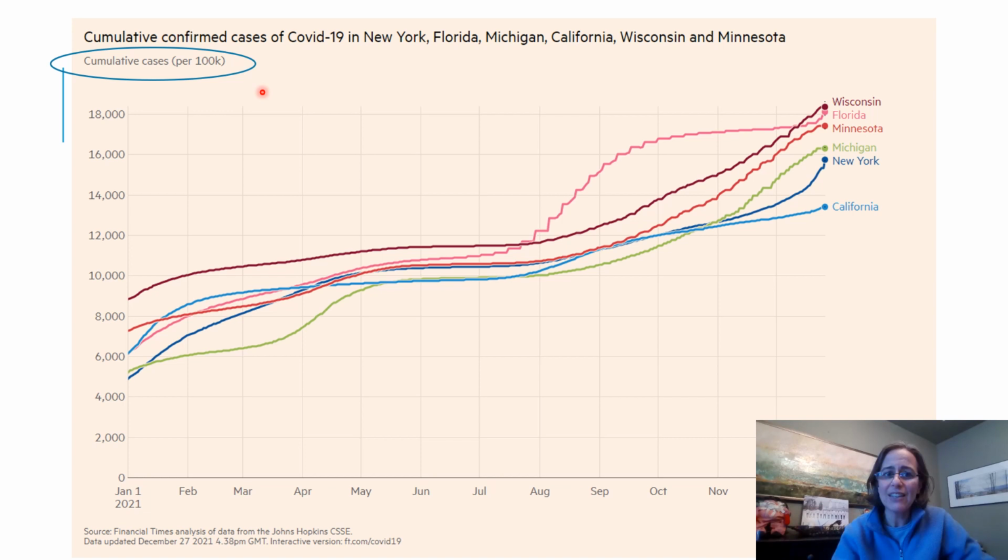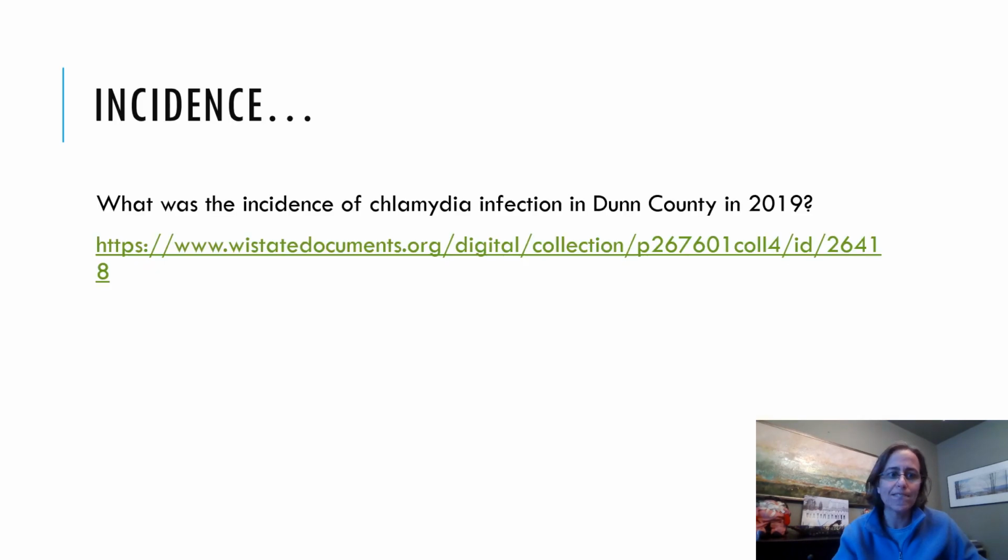And you can see that when we actually control for the population, when we look at the rate, the incidence rate, California was looking really good, and Wisconsin not so good. So a higher percentage of our population got infected with COVID-19 compared to California. So just make sure to always control for the whole number of the population at risk. So look at rate, not total numbers for incidence.